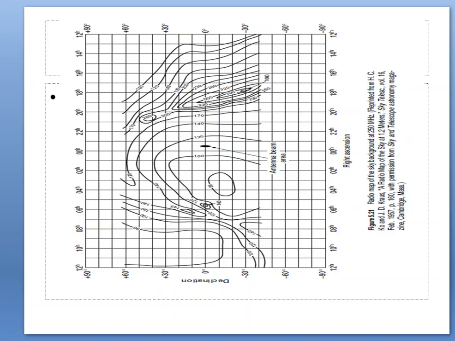We analyzed the microwave window, the galaxy window, and the noise due to atmospheric absorption from oxygen and water vapor shown in the response. After that we analyzed radio maps of the sky, considering the radio map of the sky background at 250 MHz and at 600 megahertz.